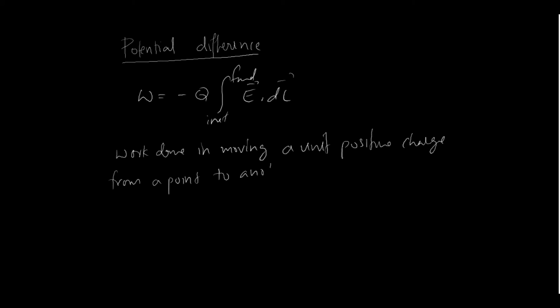This concept, work done in moving a unit positive charge from initial point to final point, or from one point to another point, is very important. It is called the potential difference between those two points.